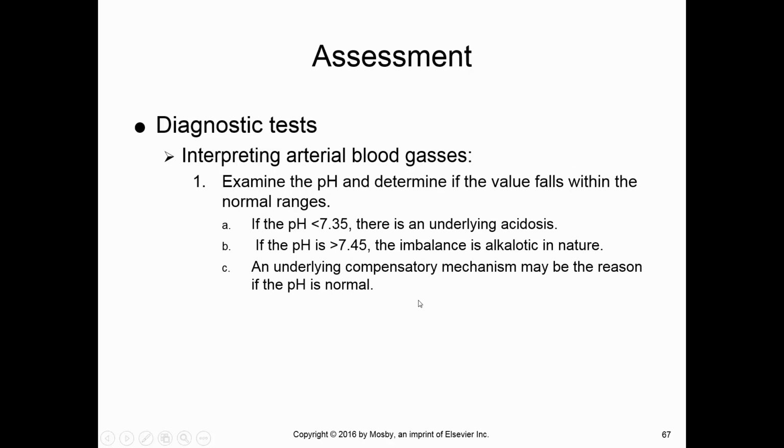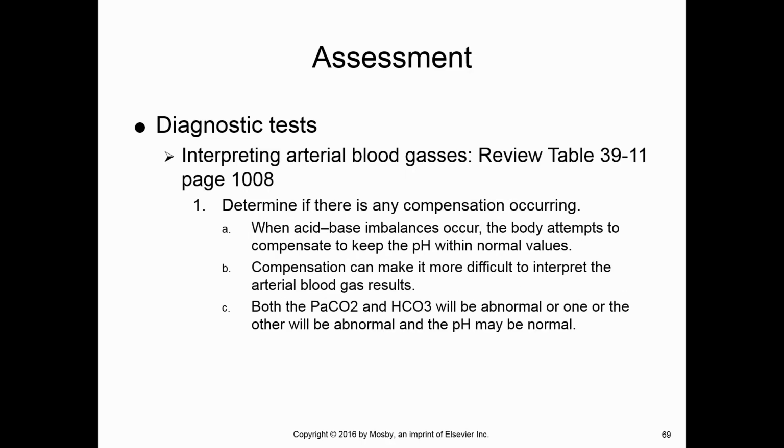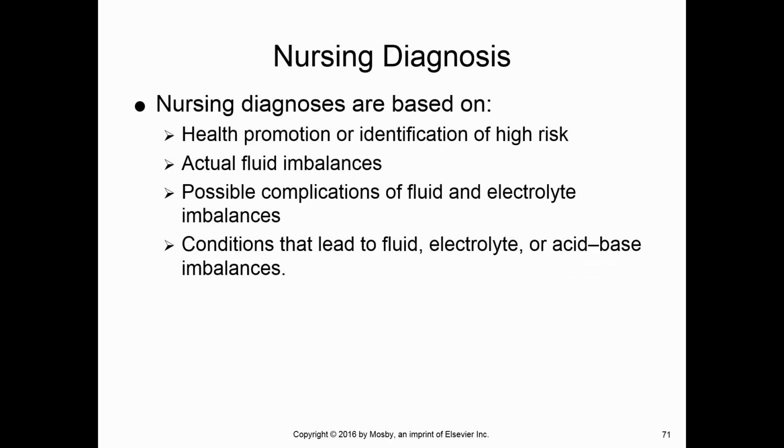Okay, we've already talked through all this, so I'm just going to move through these slides. I'm sorry I didn't follow the slides, but I even like to see those tables when I'm trying to interpret my blood gases. Here are your nursing diagnoses for people with fluid and electrolyte and acid-base imbalances.